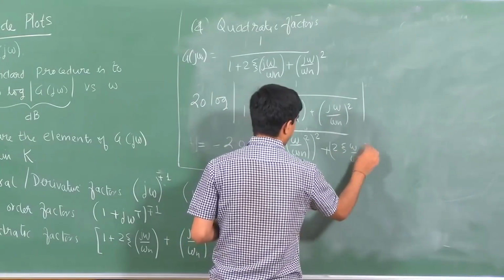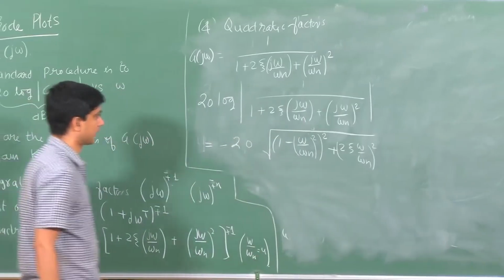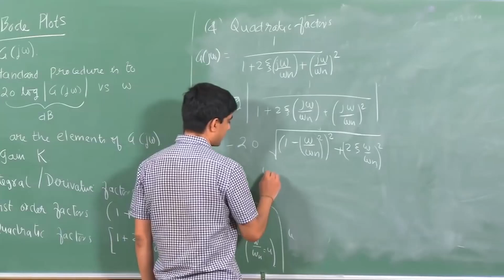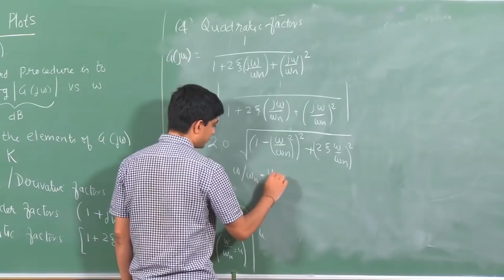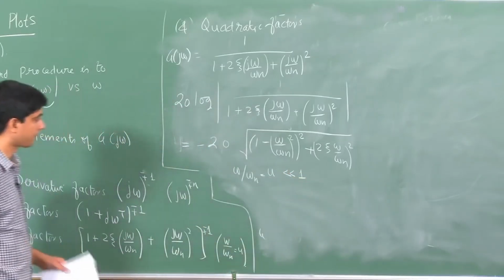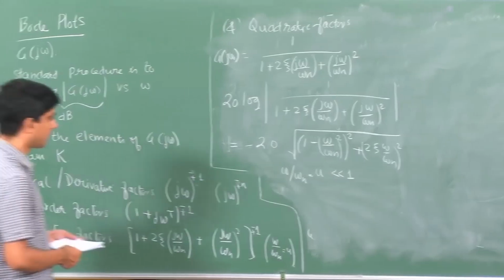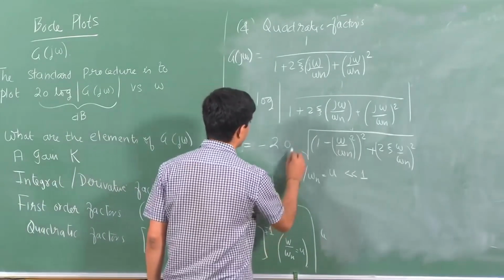Again as usual, we will first look at how the asymptotic plots look. Here we will see what happens when omega over omega n, which we defined as u earlier, is very small.